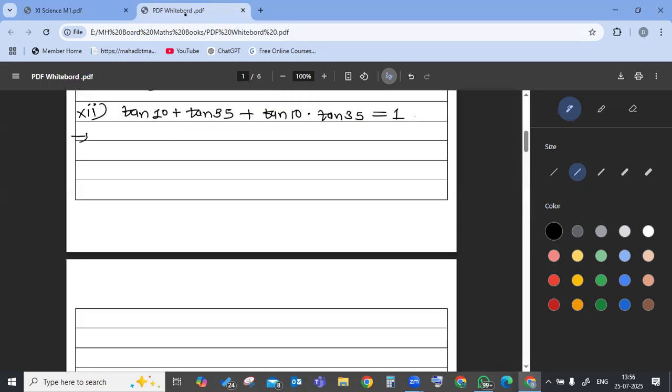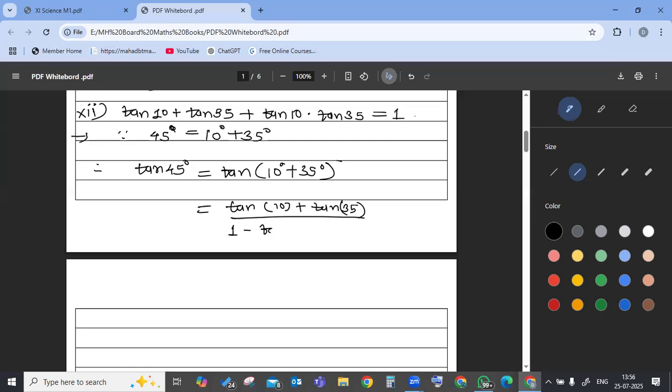Since 45 degree equals 10 degree plus 35 degree, therefore tan 45 degree is equal to tan 10 plus 35, which is equal to, again by using the same formula, tan A plus tan B divided by 1 minus tan A tan B.